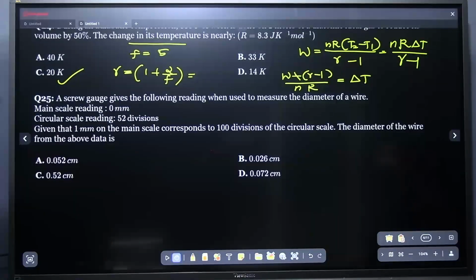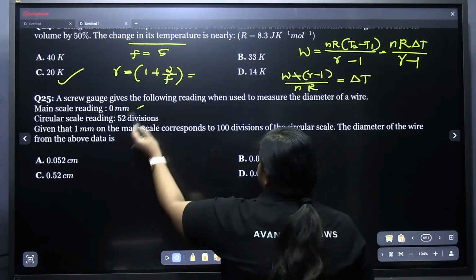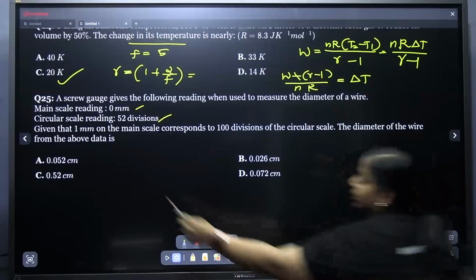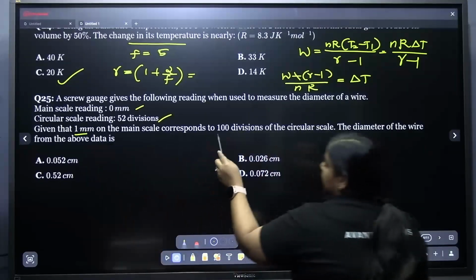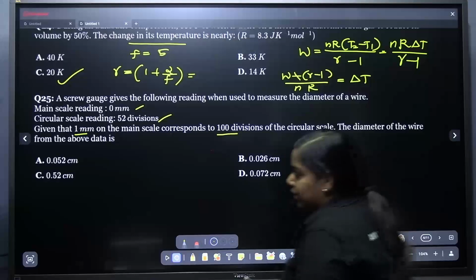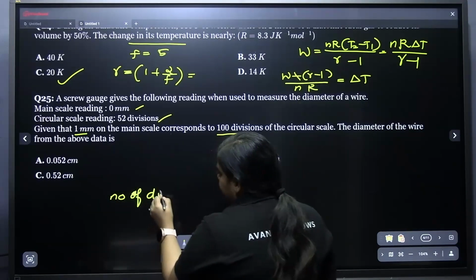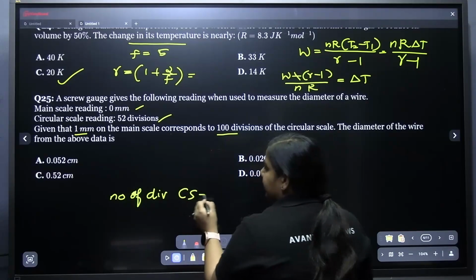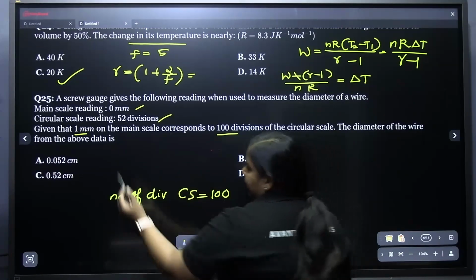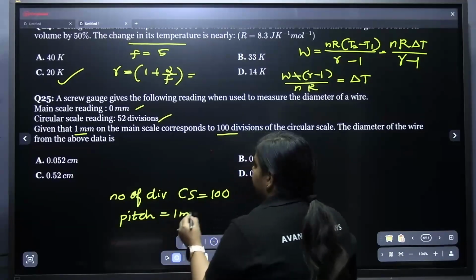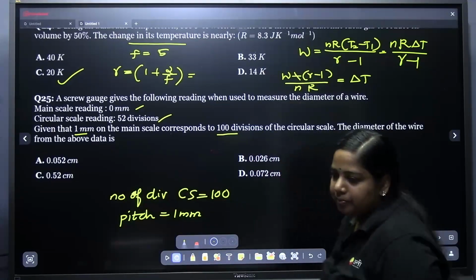So we have main scale reading 0 millimeter, circular scale reading 52 divisions. 1 millimeter on main scale corresponds to 100 divisions, which means the number of divisions in the circular scale is equal to 100, and pitch is equal to 1 millimeter.